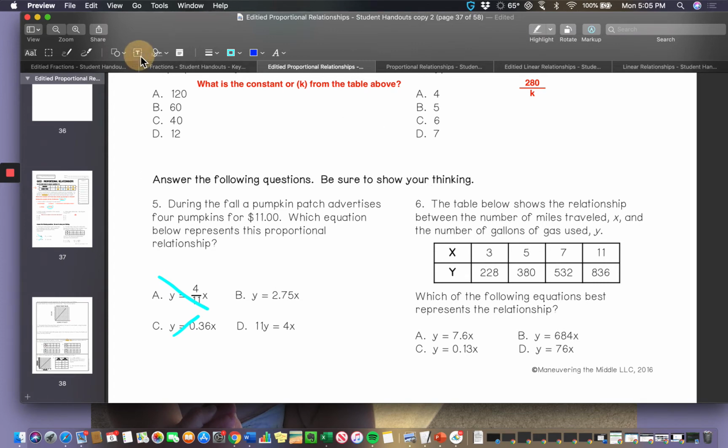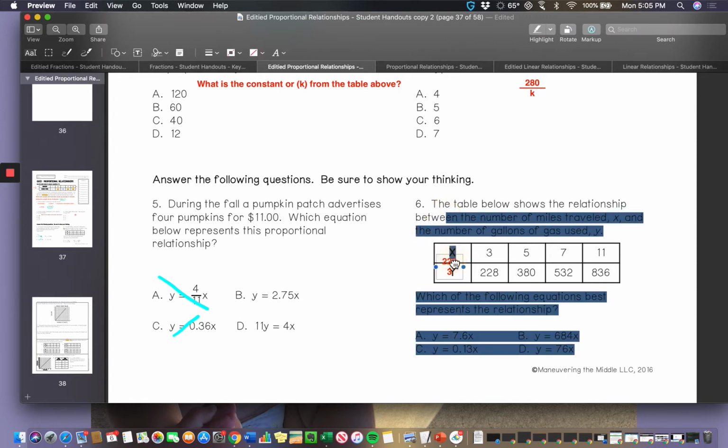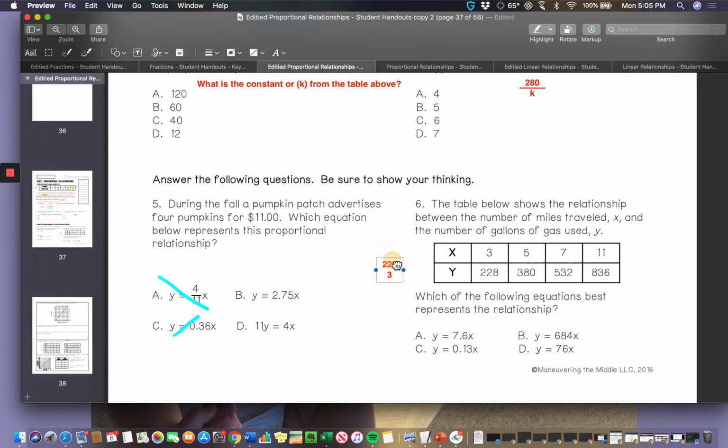So I guess I'll try to help you out a little bit here. You can take 228 and divide it by 3. And whatever your constant is going to be your answer. So that could be one of your math problems right there. Okay? More than likely, if you take this number, you're going to get your constant.